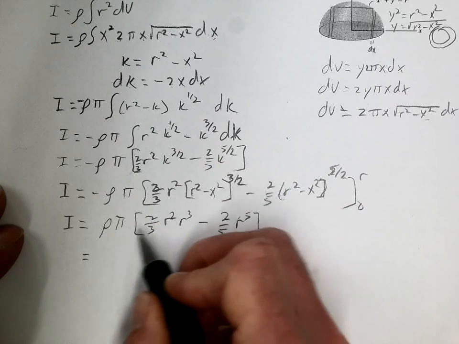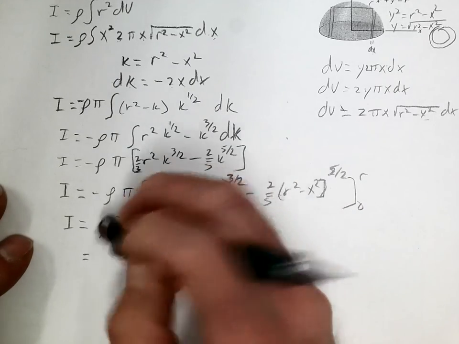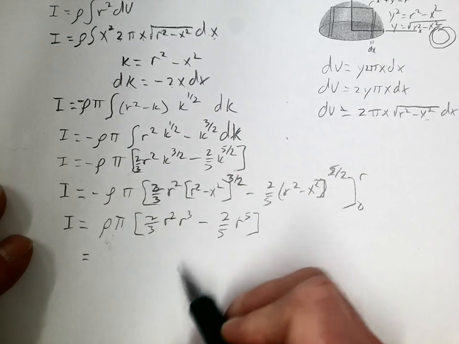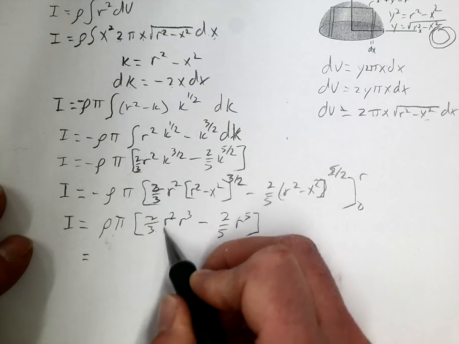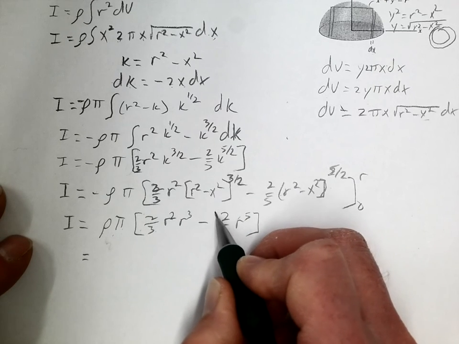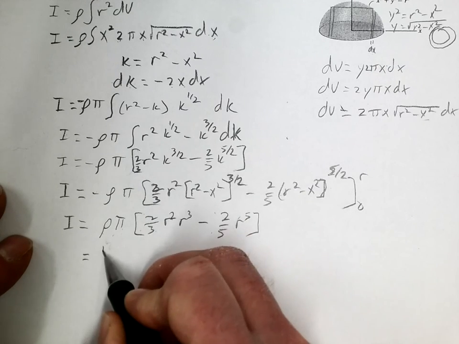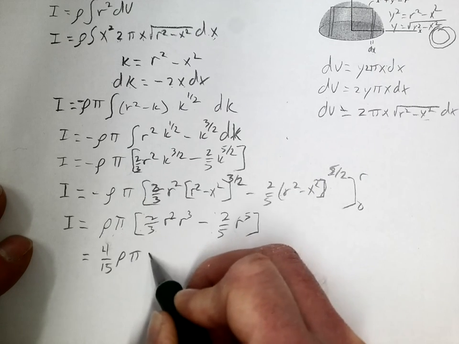So now we have 2/3 r to the 5th minus 2/5 r to the 5th. And so that's going to be 10/15 minus 6/15, which is 4/15 rho pi r to the 5th.